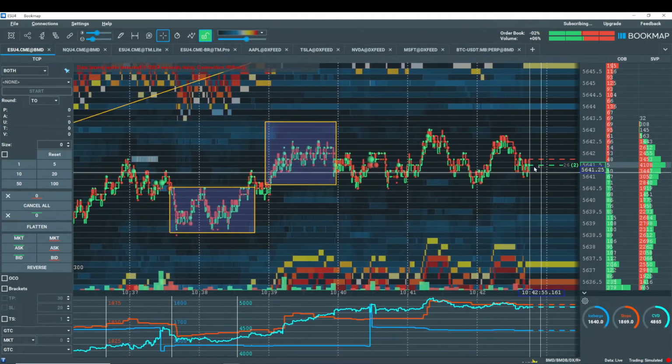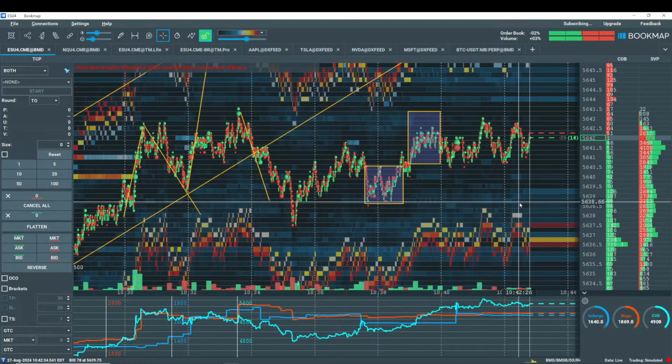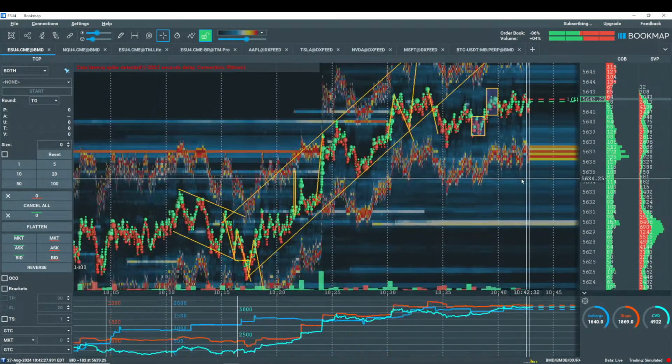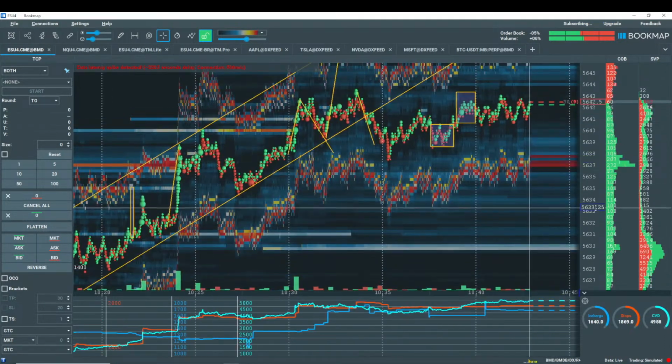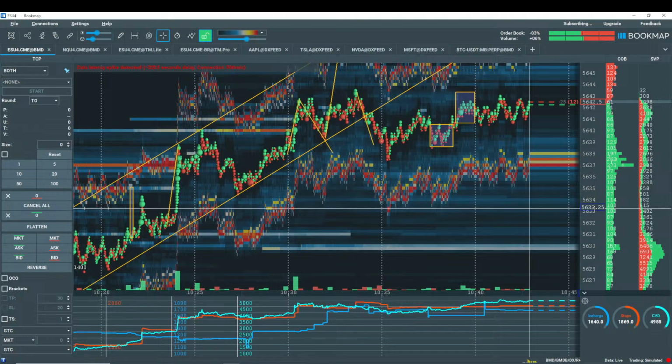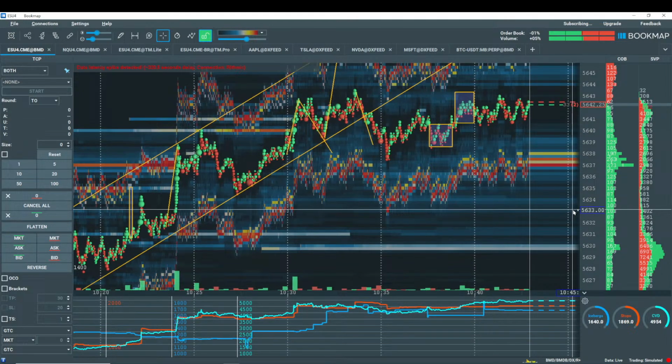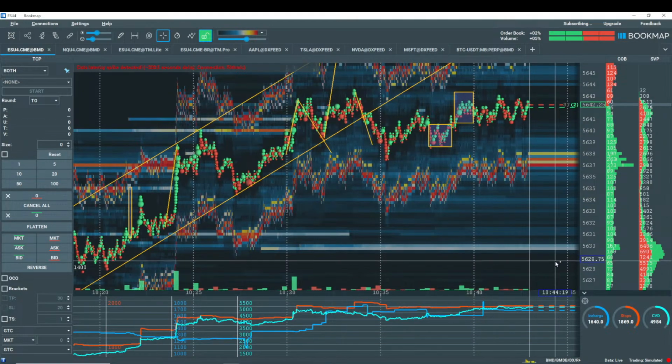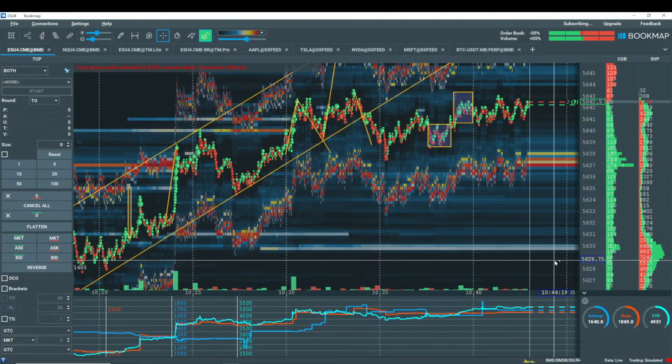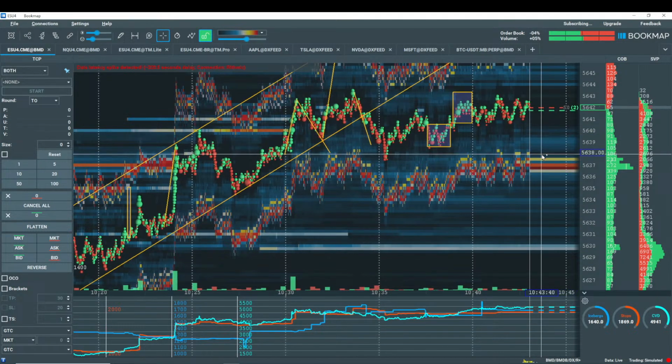No, another rotation, and still looking for it. Let's get a little push and momentum here.